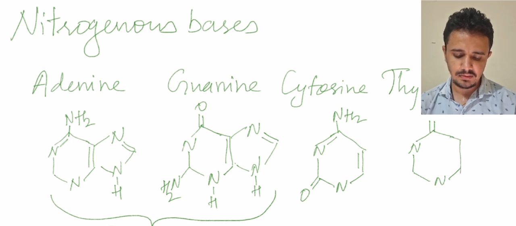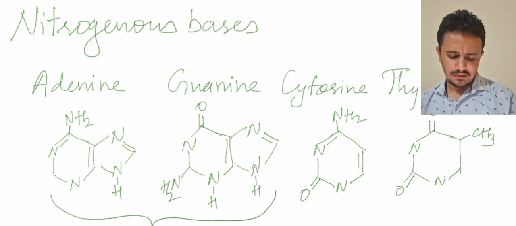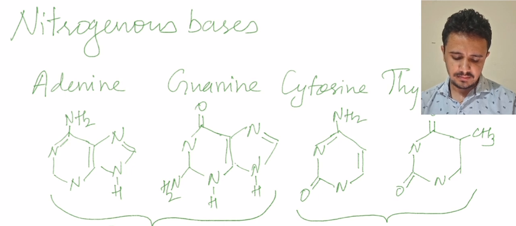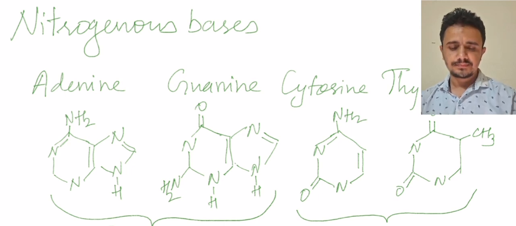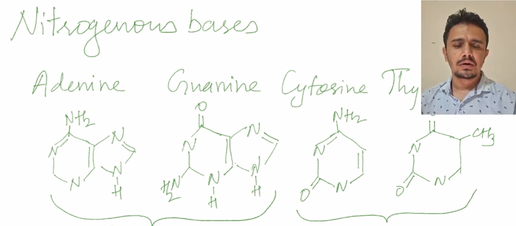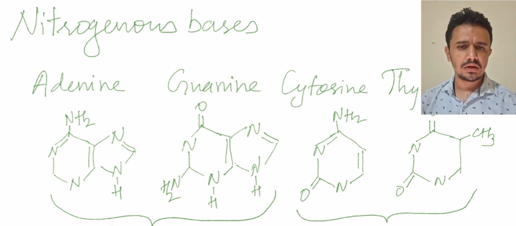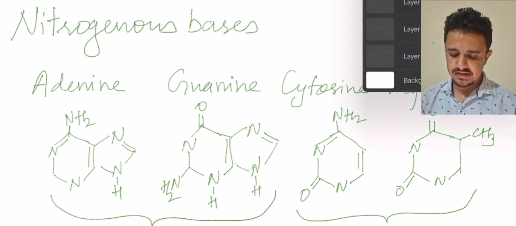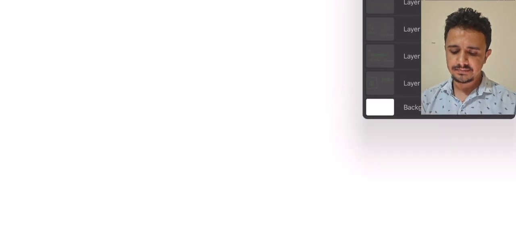Okay, here a double bond, and here one methyl group. So this is your pyrimidine. Now how are all these things arranged into a structure called DNA? How does that happen? Let us see in the next slide.